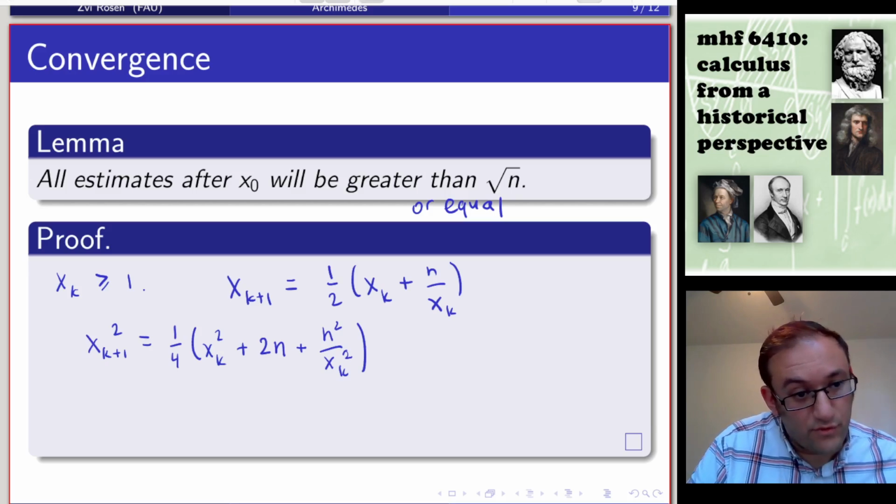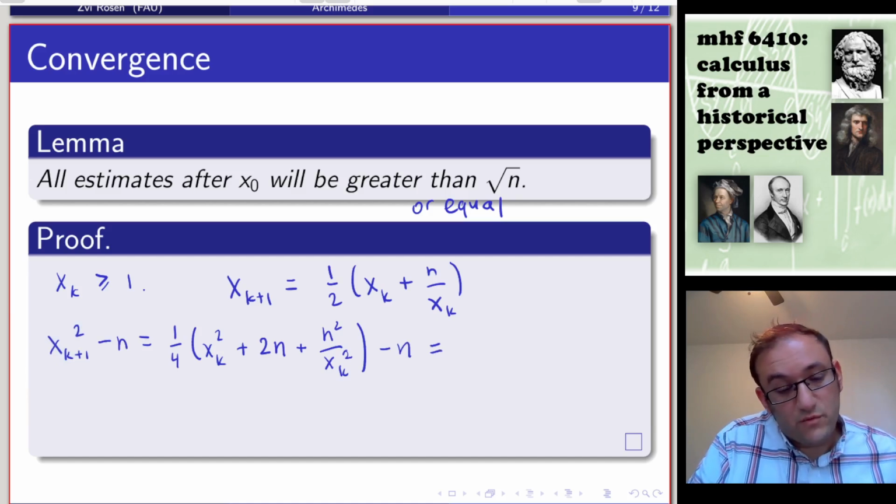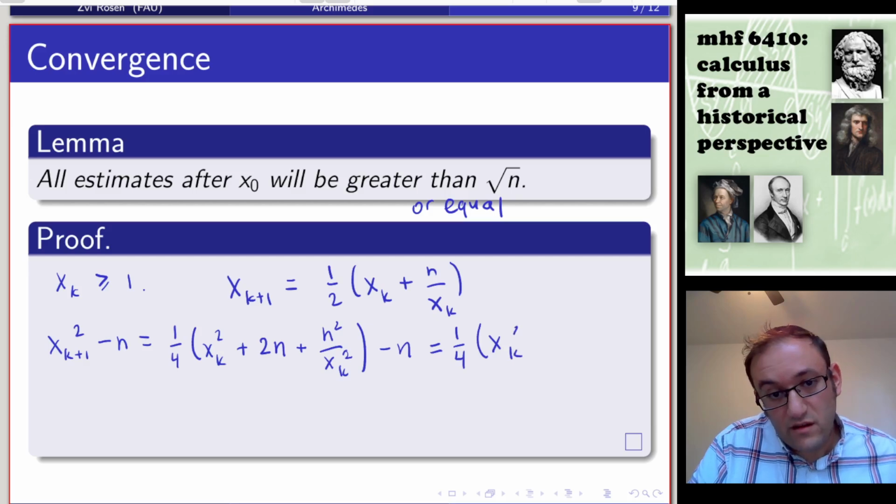So let's pull this over, and now we can subtract n. So this is going to be equal to 1/4, and pulling this minus n in, we have to multiply it by 4, so we get x_k squared plus 2n minus 4n, that gives us minus 2n, plus n squared over x_k squared.